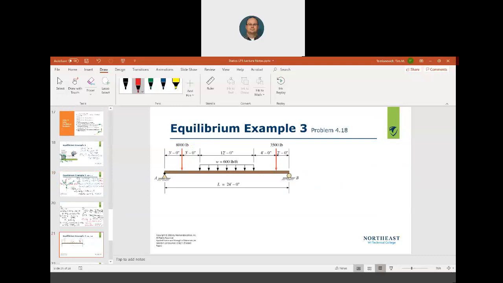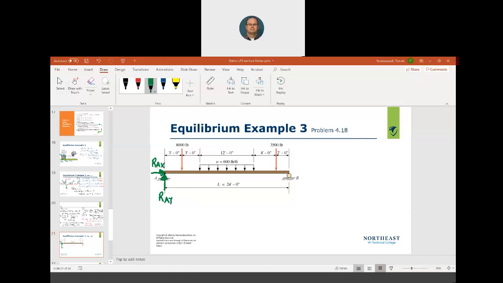Example 3. Okay. Step 1. Free body diagram. Okay. All right. So this is a pin. This is our reaction at point A in the Y direction. I'm assuming my senses are at point A in the X direction.